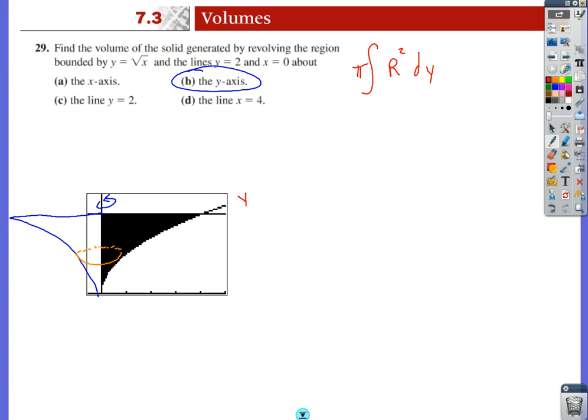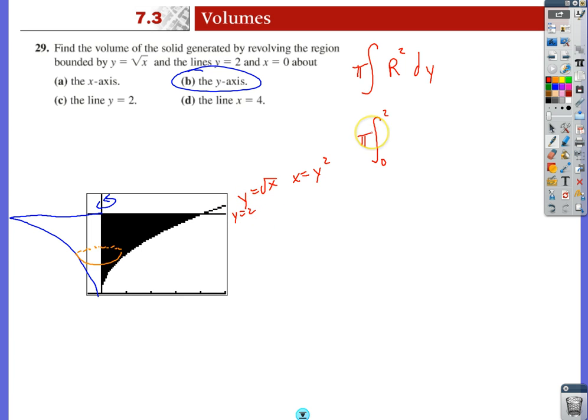Instead of y equals square root of x, this is going to be x equals y squared. For my limits of integration, because everything's in terms of y, I go from 0 to 2, because that's my line y equals 2.